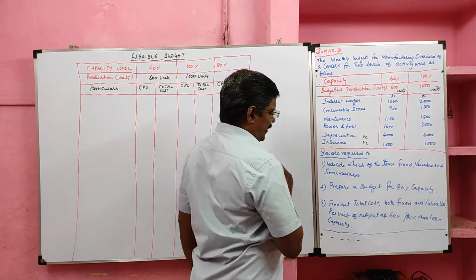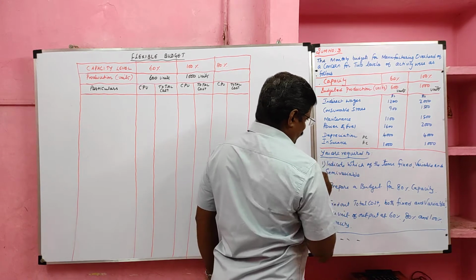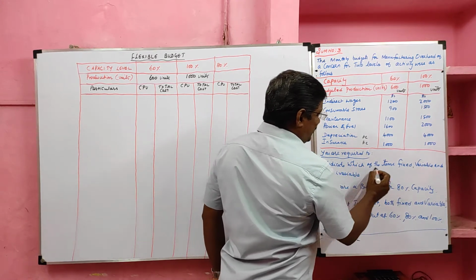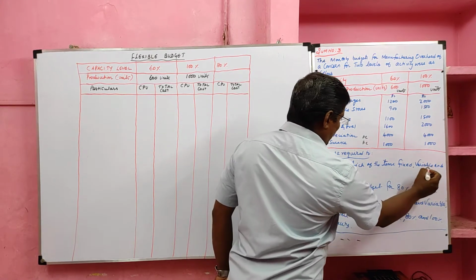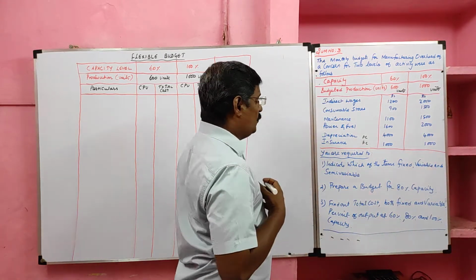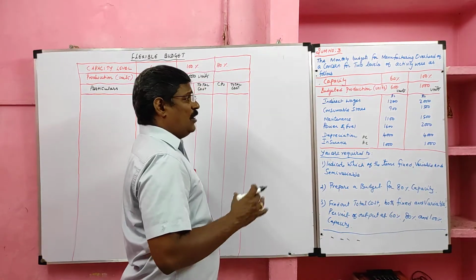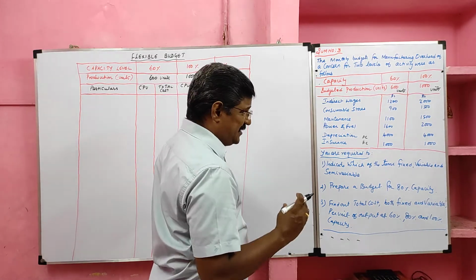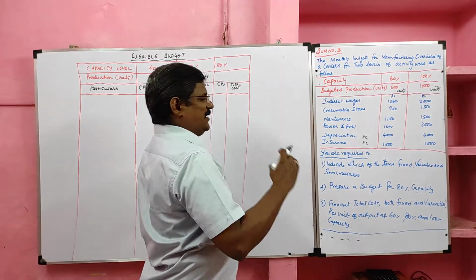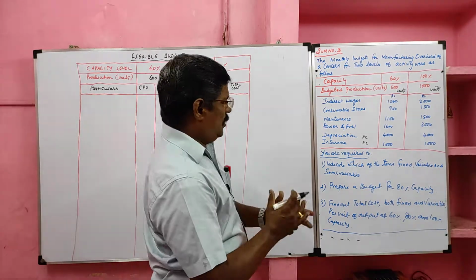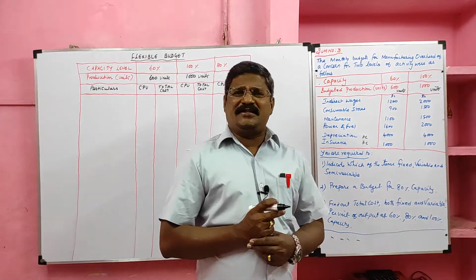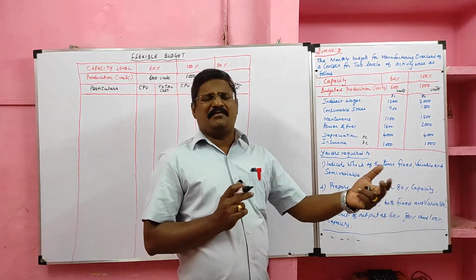Here you are required to first indicate which of the items are fixed, variable and semi-variable. So we have to indicate them as fixed cost, variable cost or semi-variable cost.